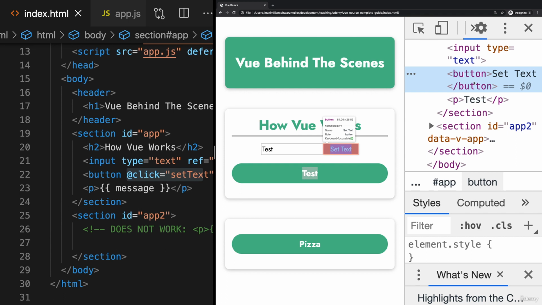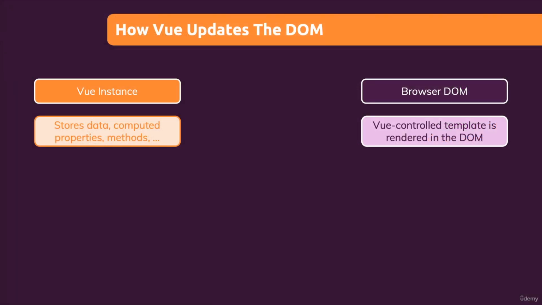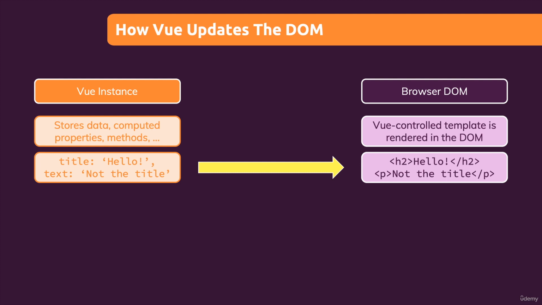So when it basically converts its template to the actual HTML elements that should be shown on the screen. That's what Vue does here. And therefore, if we have data like this, we see something like this on the screen instead, if we use interpolation for outputting the data, for example.